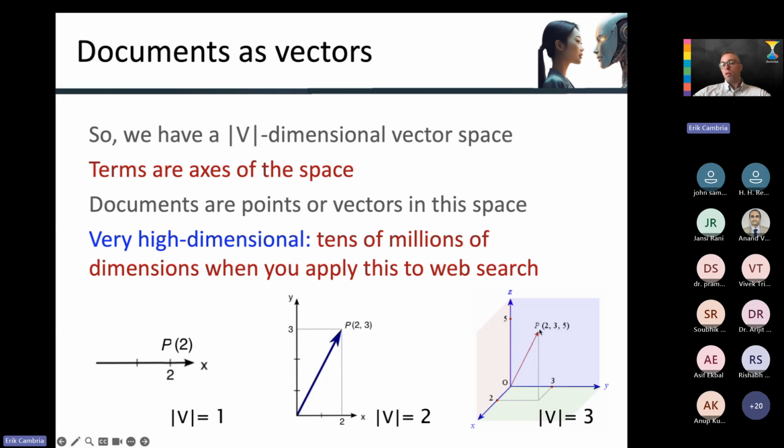If you think of this document as an arrow that goes from the origin of the vector space to the point. And when you add more dimensions, actually, it's not a big deal for our computers. For us, it's not easy to think of representing something beyond 3 dimensions. But for our computers, it's no problem to work with hundreds or even thousands of dimensions.